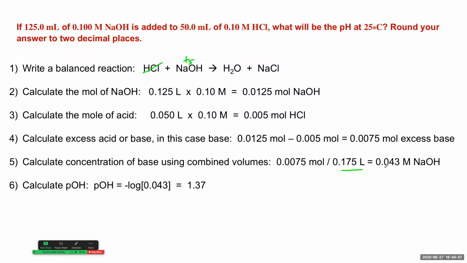So we can calculate our pOH, which is minus the log of the concentration of hydroxide ion. So we have minus the log of 0.043, which is equal to 1.37, but that's the pOH. So we have to take 14 minus the pOH to get our pH, and our pH turns out to be 12.63. So where's that on our titration curve?